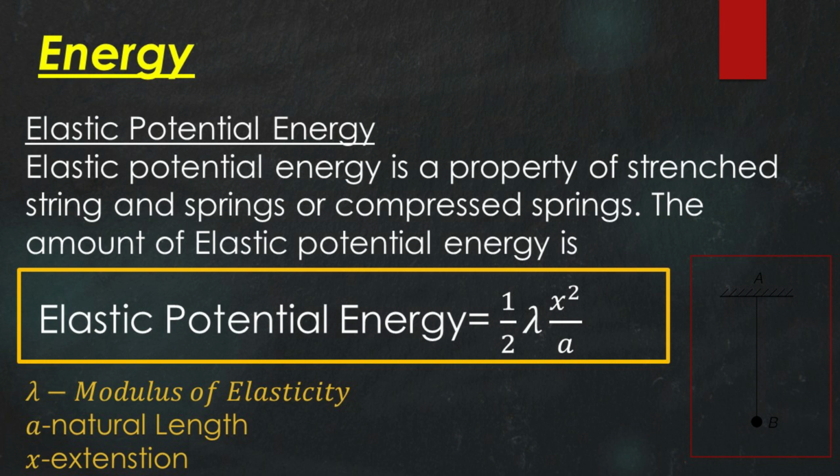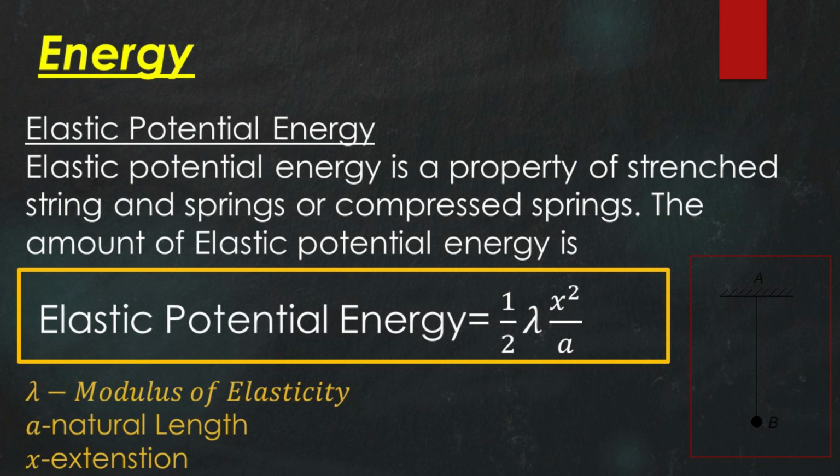The amount of elastic potential energy is half into lambda into x squared over a. Actually it's not x, you can put e. So what is lambda? The modulus of elasticity. a is the natural length, x means the extension. So that is the value of the potential energy.